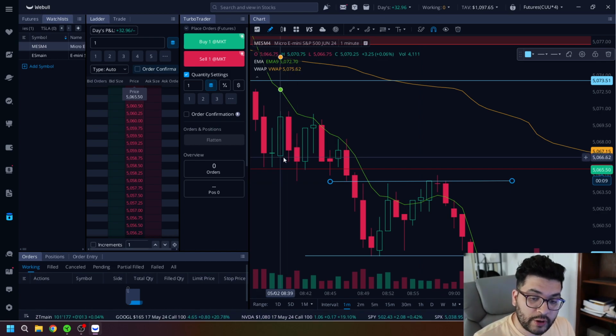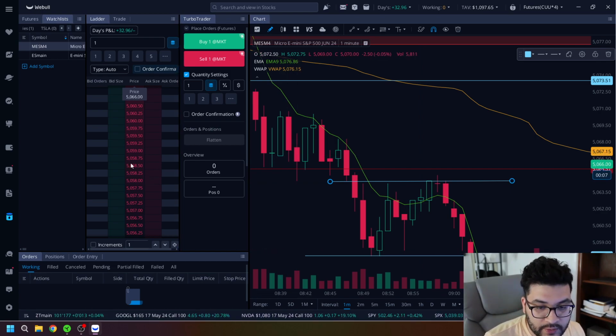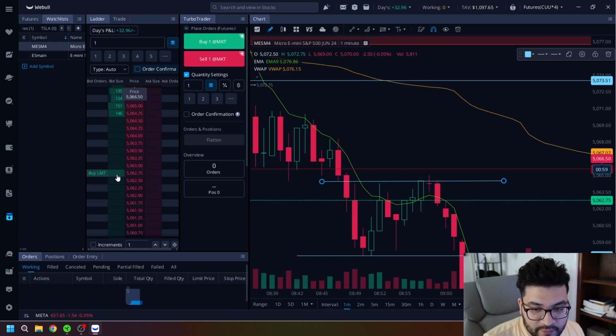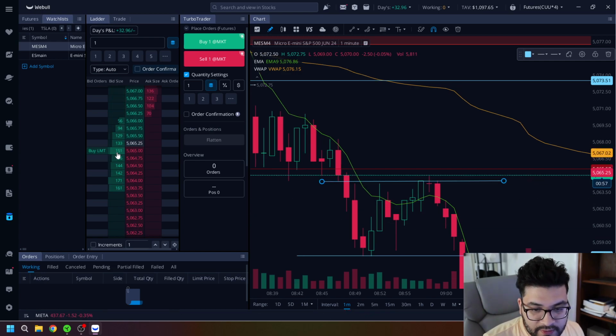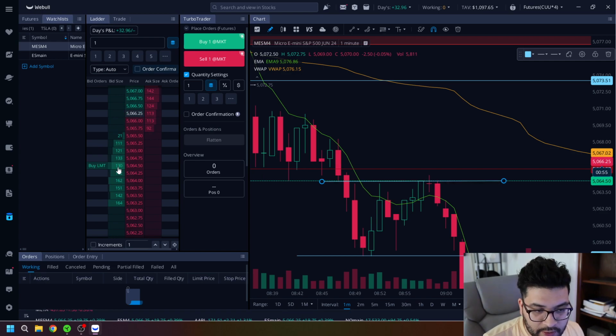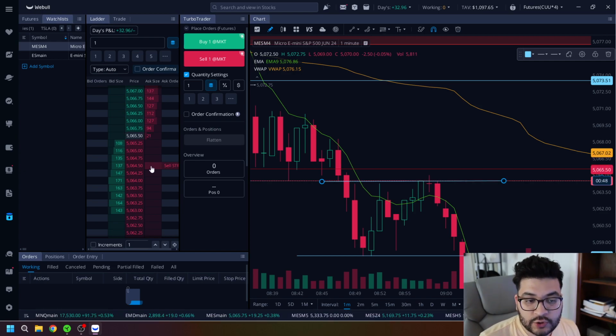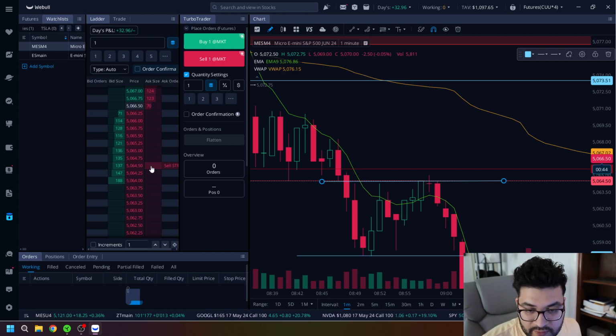To trade the price action, the price ladder is right over here, and you can see the increments by 25. You go up, and you can see right around here, this is a buy if you want to long it, and you can sell it if you want to short it. So I will press this button. I don't want to press it right now because the price is kind of fluctuating around this range.